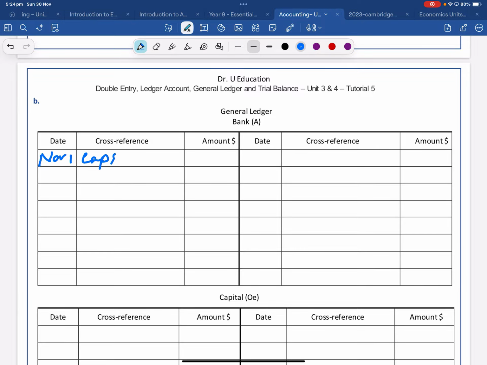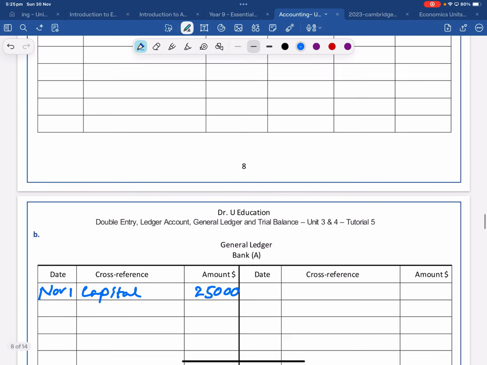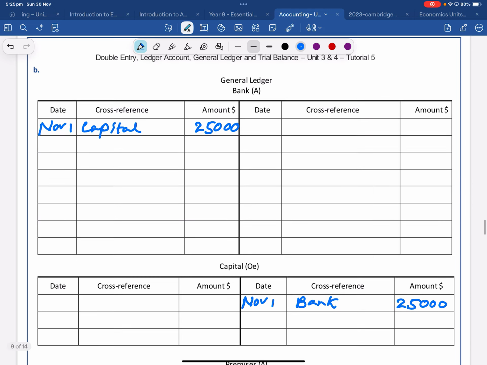Capital is the cross reference. 25,000. Capital, what happens? Credit, saying bank. On the analyzing chart, you wrote capital P, but is it not just meant to be capital?